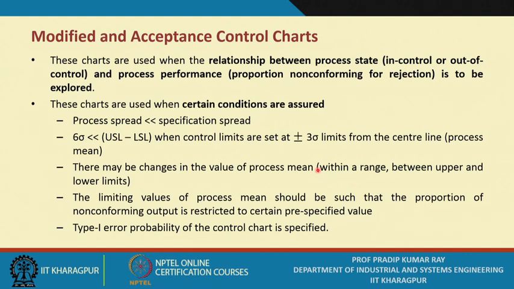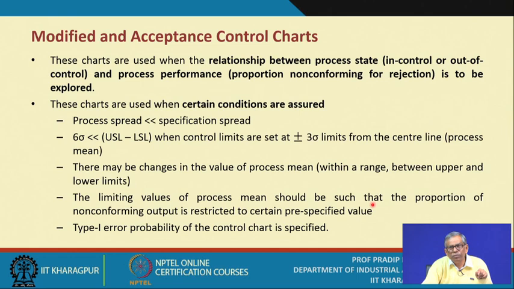So you set the upper limit and the lower limit of the process mean. You have to pre-specify these values. That means your knowledge about the process should be substantial, and given a particular quality characteristic, you must be able to specify the upper value of the process mean as well as the lower value.